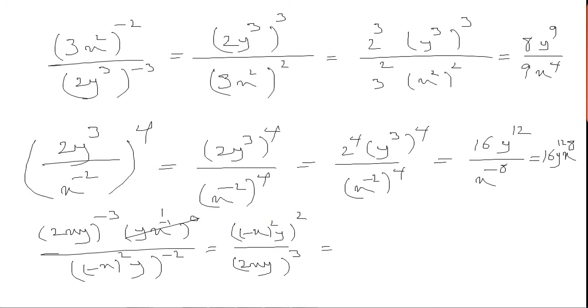Okay, then I have negative x to the power of 2 raised to the power of 2. This is just negative x to the power of 2 times 2, 4. And y to the power of 2, 2 to the power of 3, 8, x to the power of 3, and y to the power of 3.